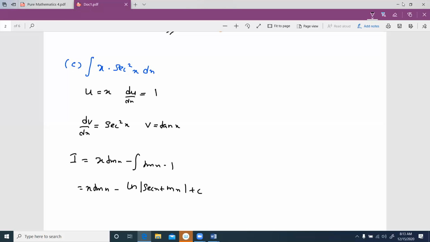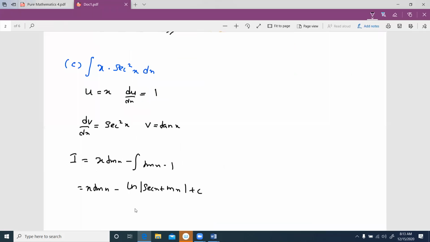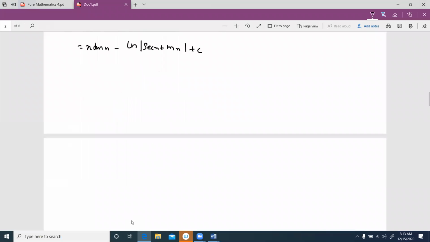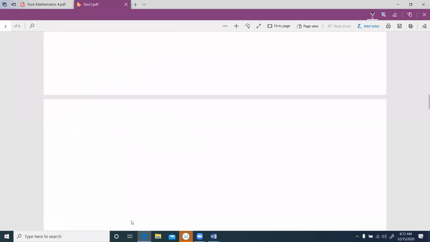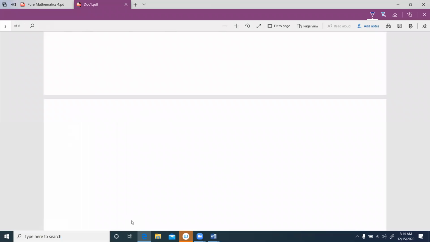Okay. Then if you move up to the next question, these are two questions which I am discussing. Then this part, x sec x tan x. Integration of x sec x tan x dx, right?